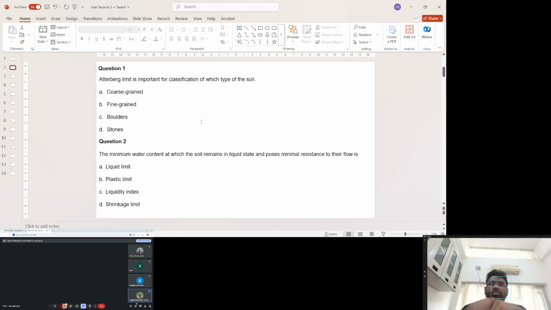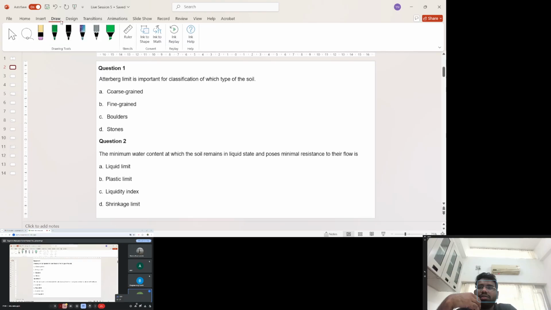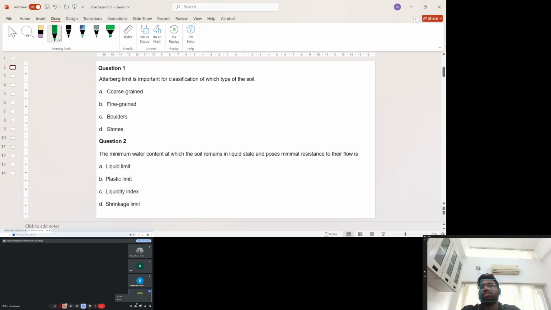Atterberg limits are important for classification of which type of soils? Option A coarse grained, option B fine grained, option C boulders, option D stones. Fine grained soil. Atterberg's limits are invariably for fine grained soils.